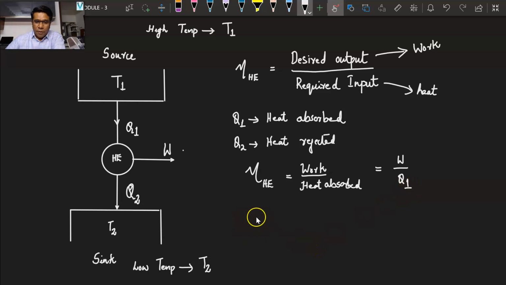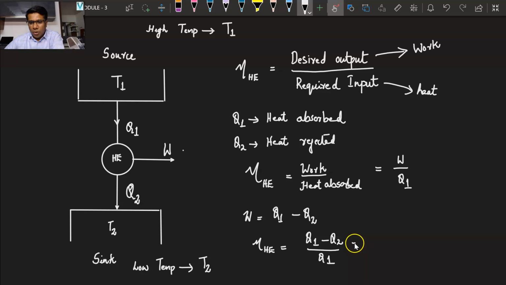And in the case of a reversible heat engine, we are considering the theoretical case where the work done is equal to Q1 minus Q2. So the efficiency equation can be written as W, that is Q1 minus Q2, by Q1, or it can be written as 1 minus Q2 by Q1.